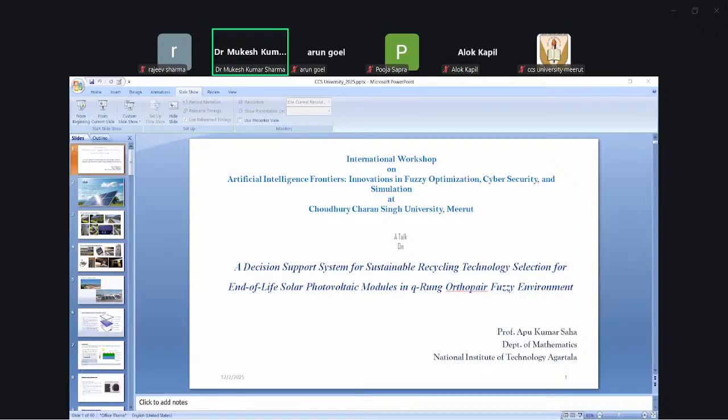We have got 10 alternatives, and these are the details of the alternatives. First, mechanical disassembly was one method. Then delamination, then chemical etching, then solid and liquid dissociation.